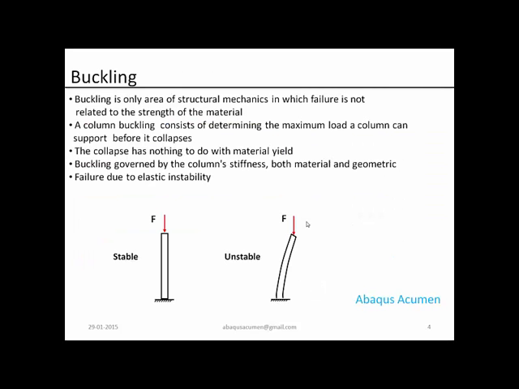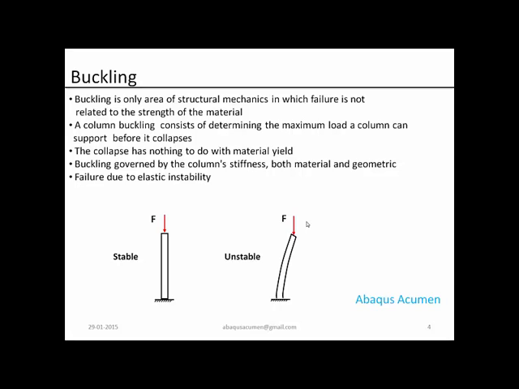Now let's understand more from the technical terms. What is buckling? If you studied in your graduate or undergraduate engineering course, whenever somebody talks about buckling, you see a column structure and a compressive loading. Buckling is a very unique and curious subject because it is the only structural mechanics problem in which failure is not related to the strength of material.